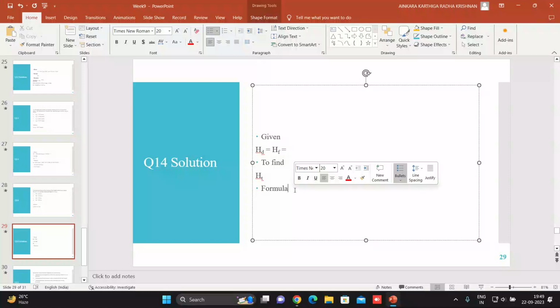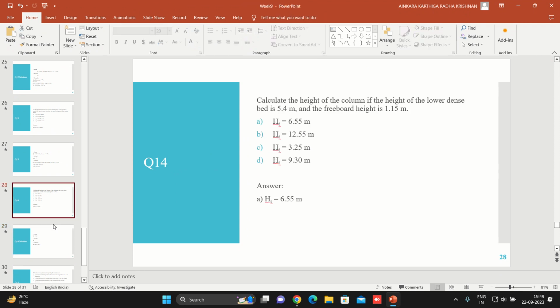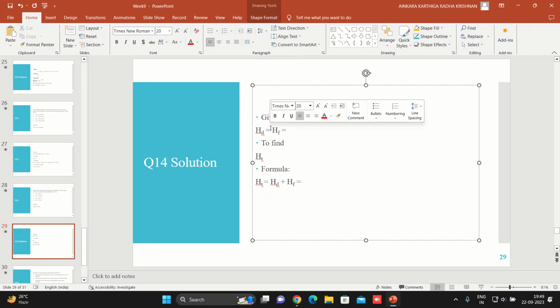The formula is HT equal to HD plus HF. HD is 5.4 meter and HF is 1.15 meter.